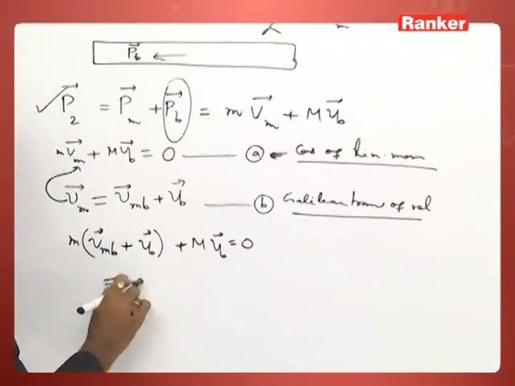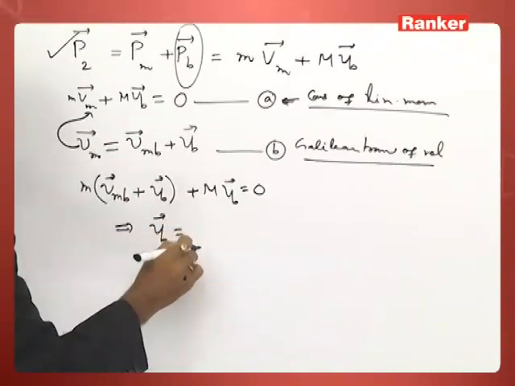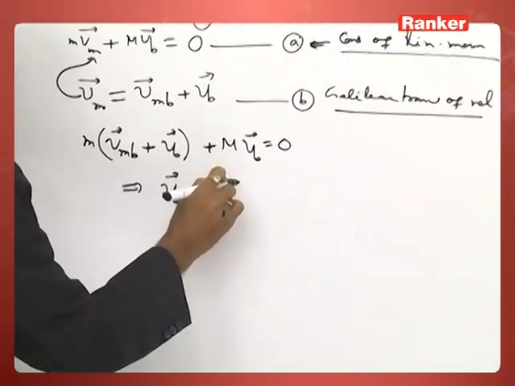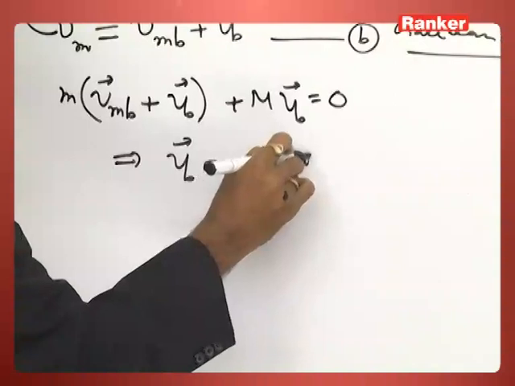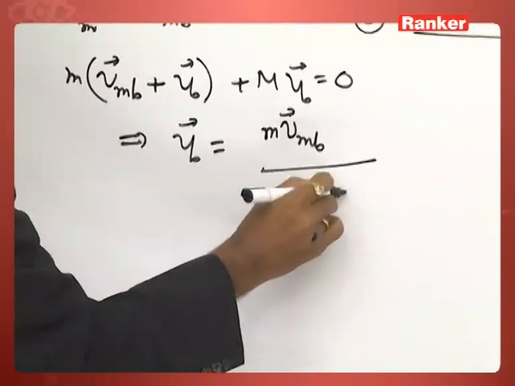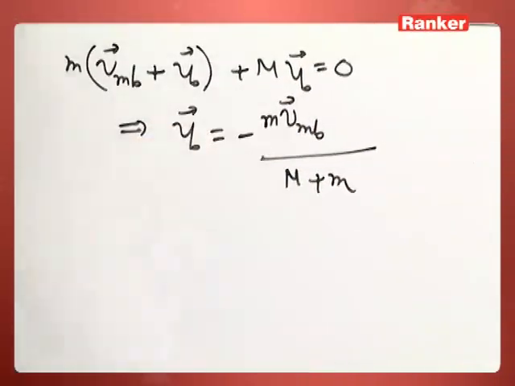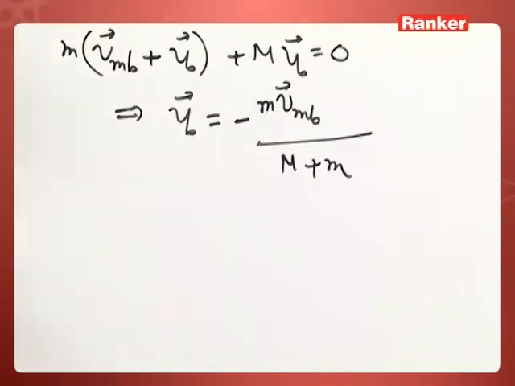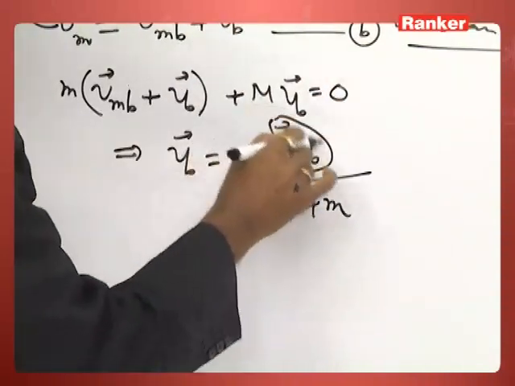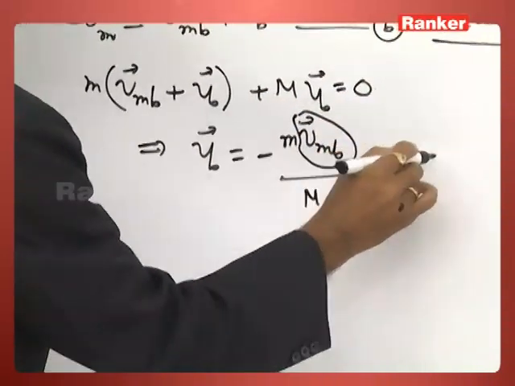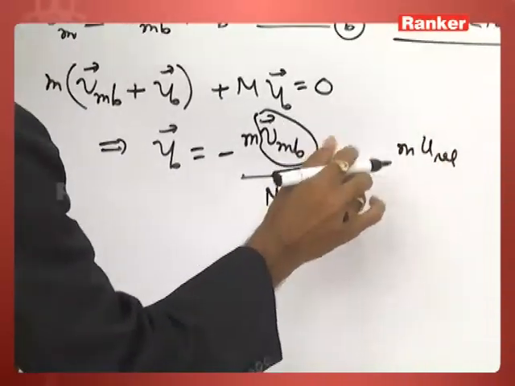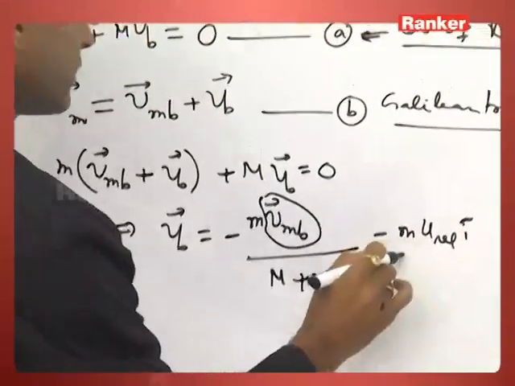And next step, you are getting velocity of the boat is equal to negative of mass of the man into the velocity of the man with respect to boat, by mass of the boat plus mass of the man. Since you are jumping with the velocity u relative with respect to the boat, this factor will be equal to u relative, whose direction is I cap, by M plus m.